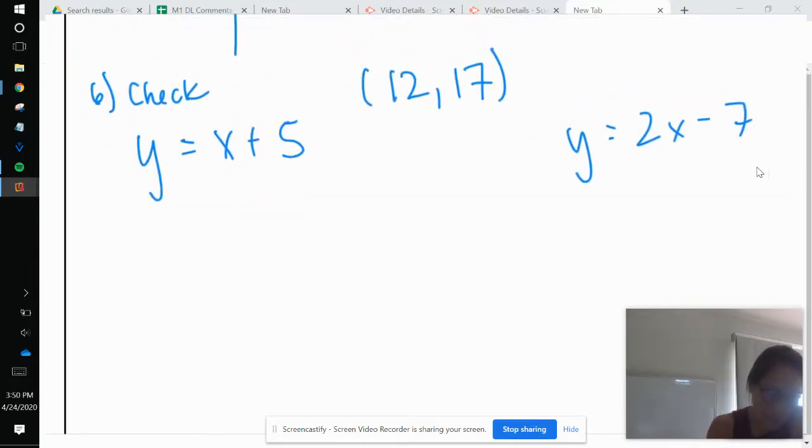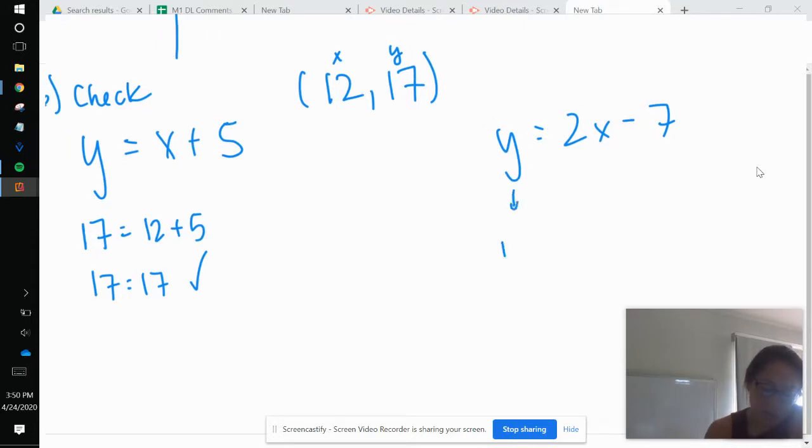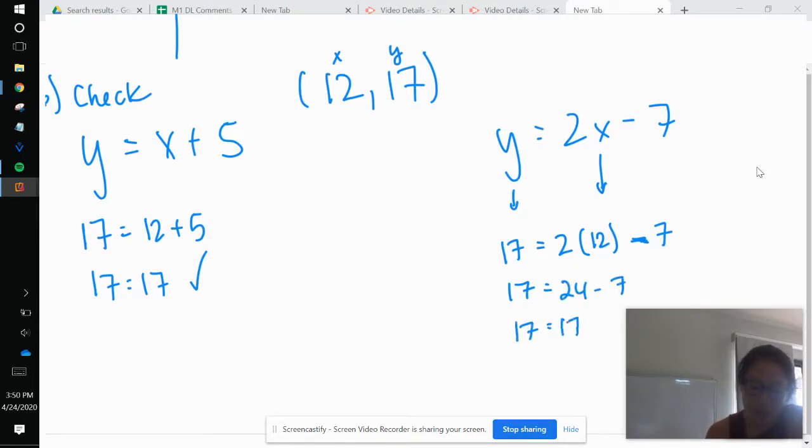So x is 12, y is 17. I get y is equal to 12 plus 5, so 17 is equal to 17. Check. Okay, next one, y is equal to 2 times x, which is 12, minus 7. So 17 is equal to 24 minus 7, and 24 minus 7 is 17.